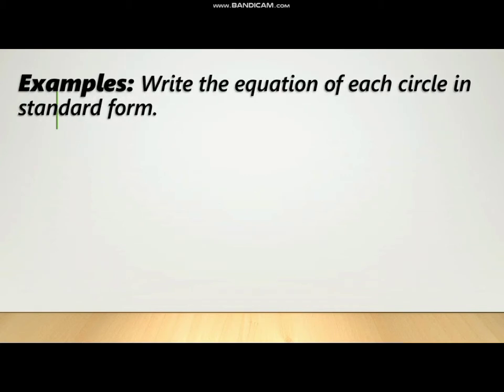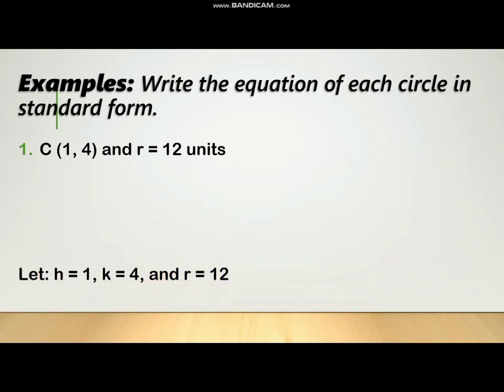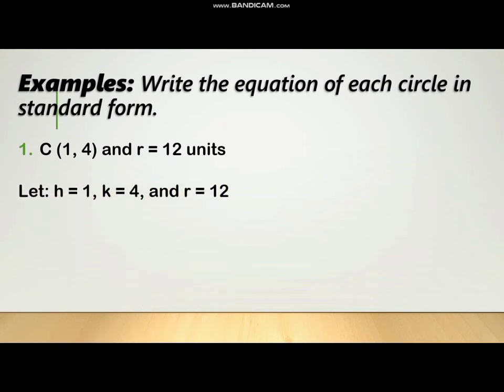For the examples, write the equation of each circle in standard form. For number 1, the center is at point (1, 4) and r is equal to 12 units. So here we have the center at (h, k). Let h equal 1, k equal 4, and r equal 12.